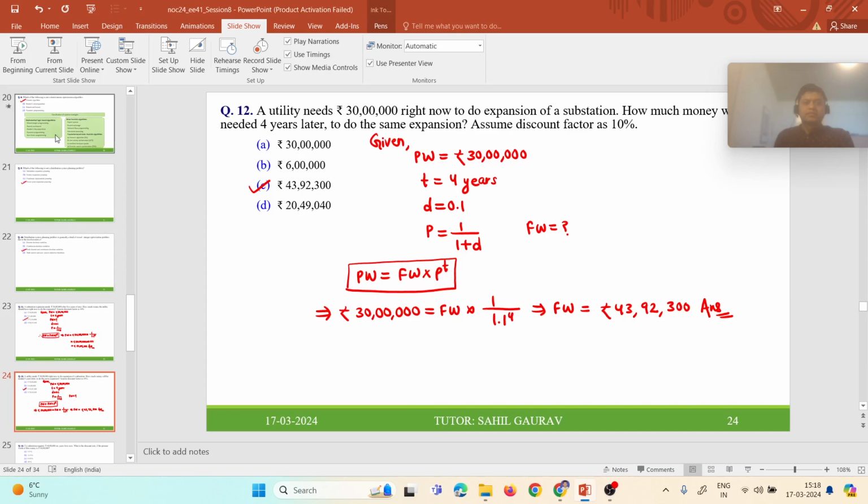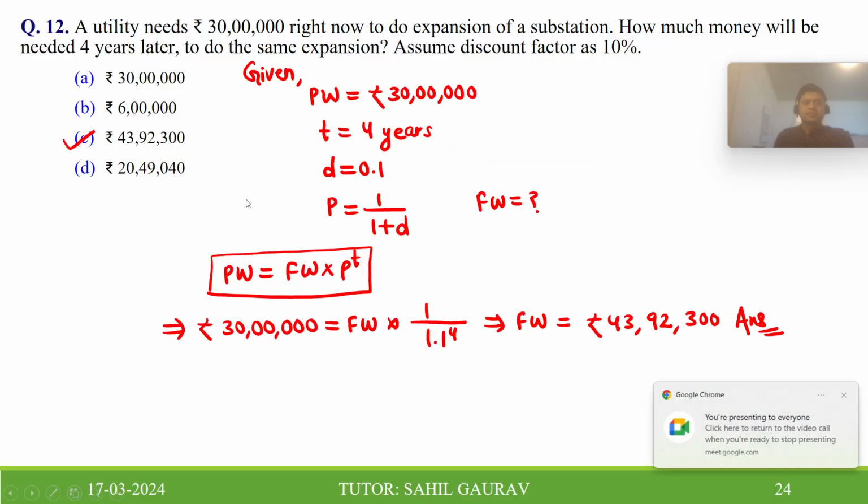And if you see this problem carefully, the present worth is given as 30 lakh and all the options are less than 30 lakh except one, that is 43 lakh. So without solving, you can directly tick this, because only one option is greater than 30 lakh. In the future, the value of money will always be greater than the present value of money.